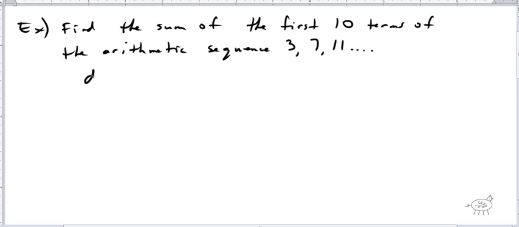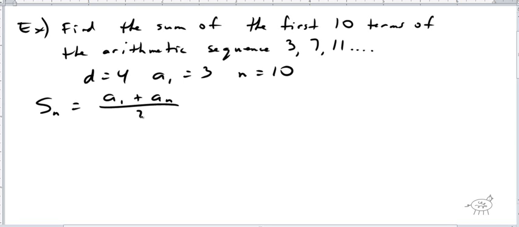Let's write that down. Difference is 4. The first term is 3, and n is 10. That's pretty much what you're given, right? You guys agree with that? Let me write that formula out again. S sub n equals the average of the extremes, a sub 1 plus a sub n over 2 times n.